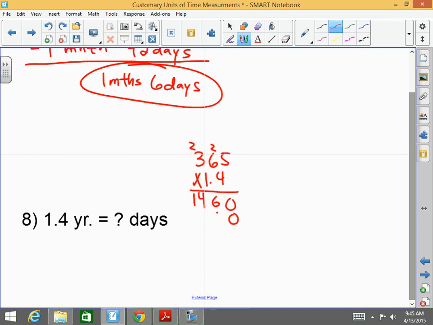Skip a space. 5, 6, 3, 0, 1, 1, 1, 1, 5. So that's 511. Does that make sense, boys? So it'd be 511 days.